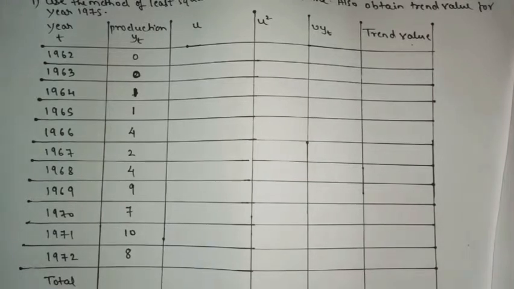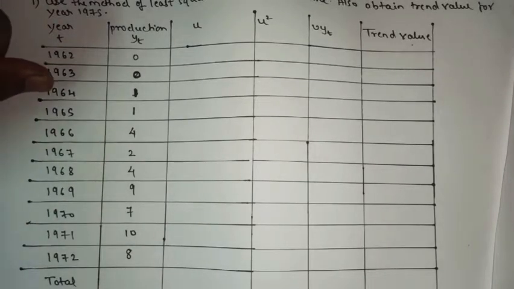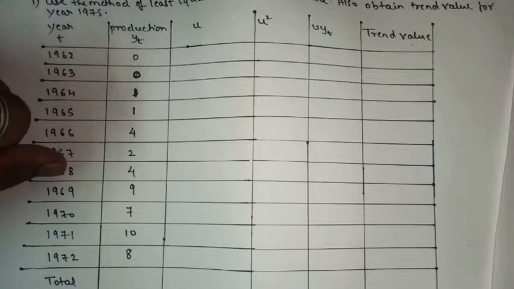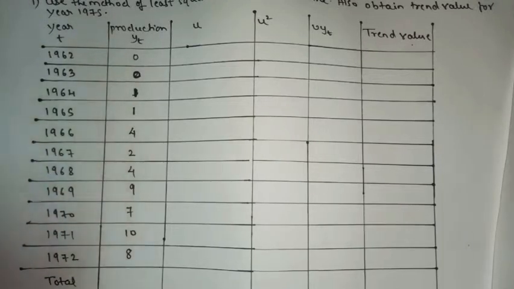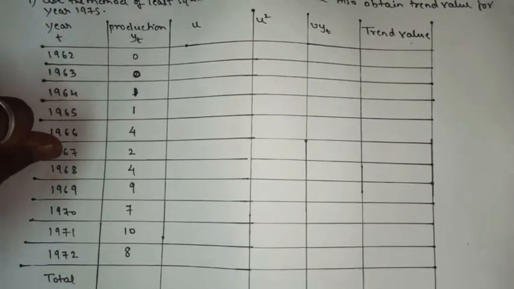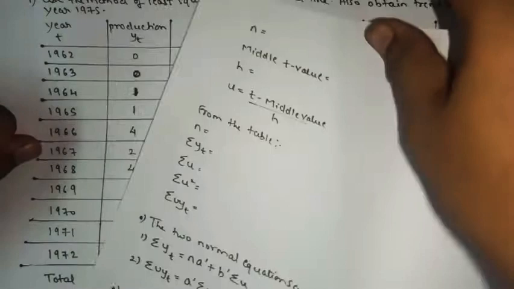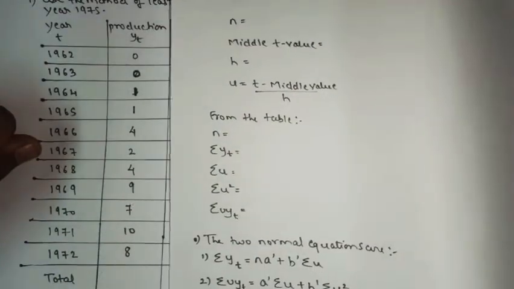Like here, 1, 2, 3, 4, 5, 6, 7, 8, 9, 10, 11. There are 11 numbers, so your middle number will be the sixth: 1, 2, 3, 4, 5, 6. So 1967 is the middle number.